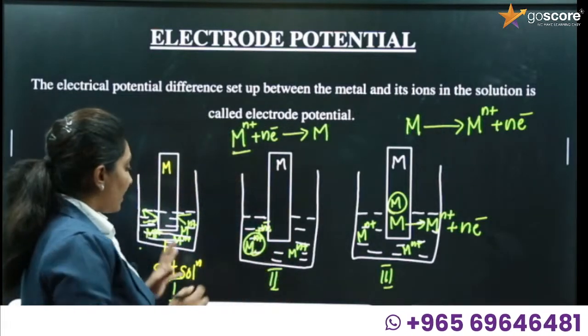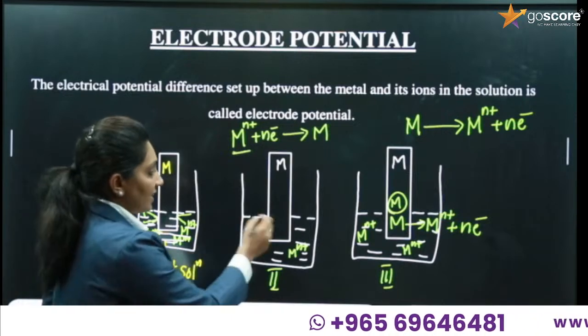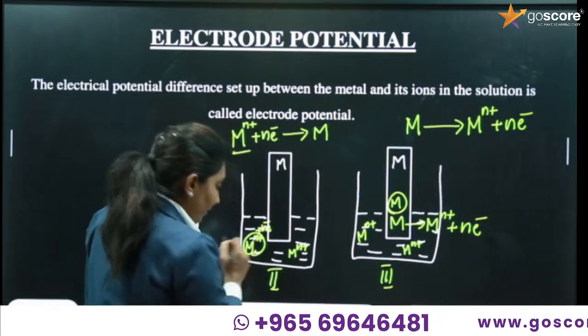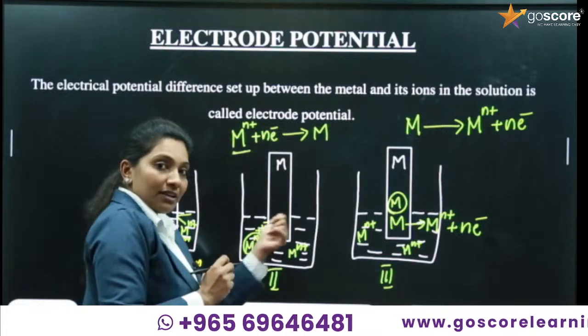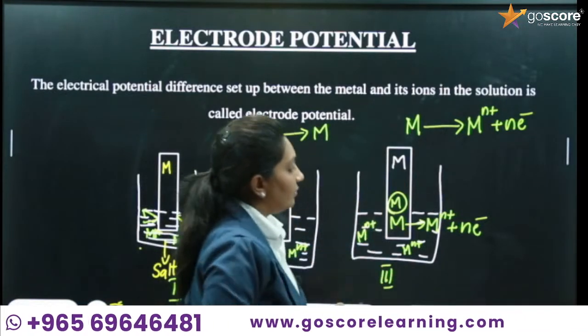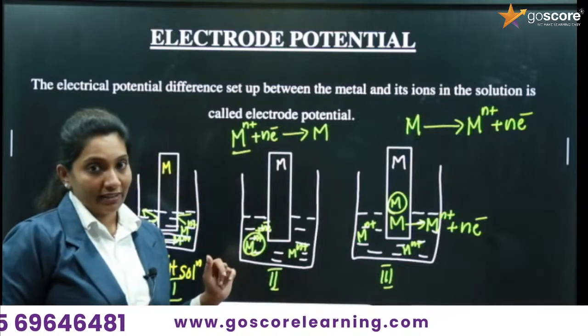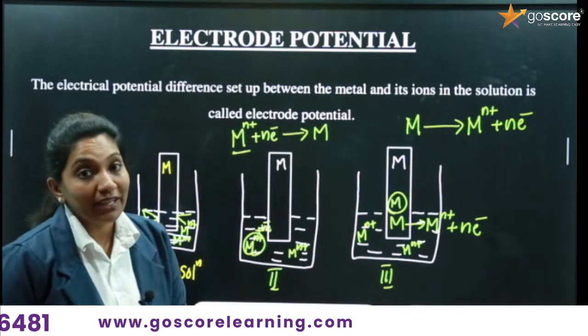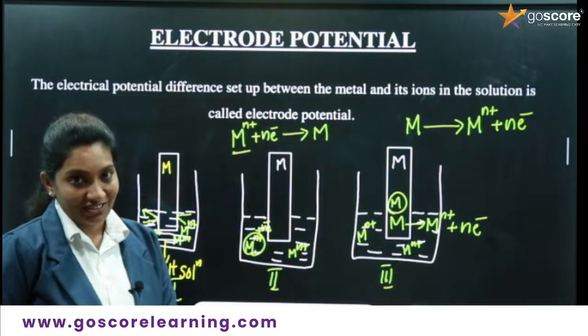So in all these cases except the first case, from the solution the ions are converting to M, and from the metal rod the M is converting into metal ions. So definitely there will be a potential difference, right?